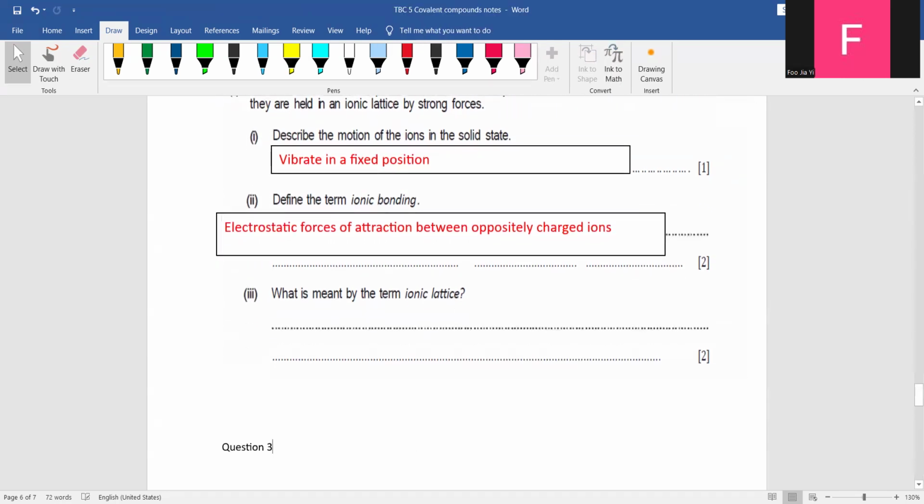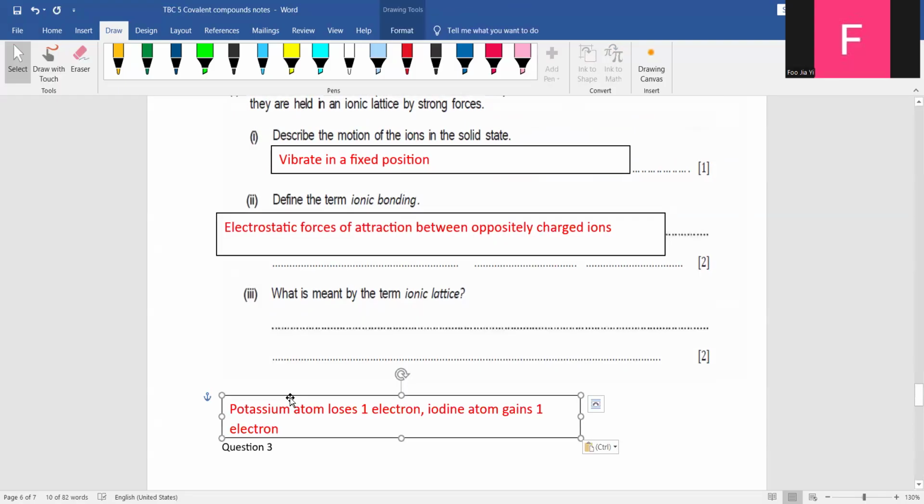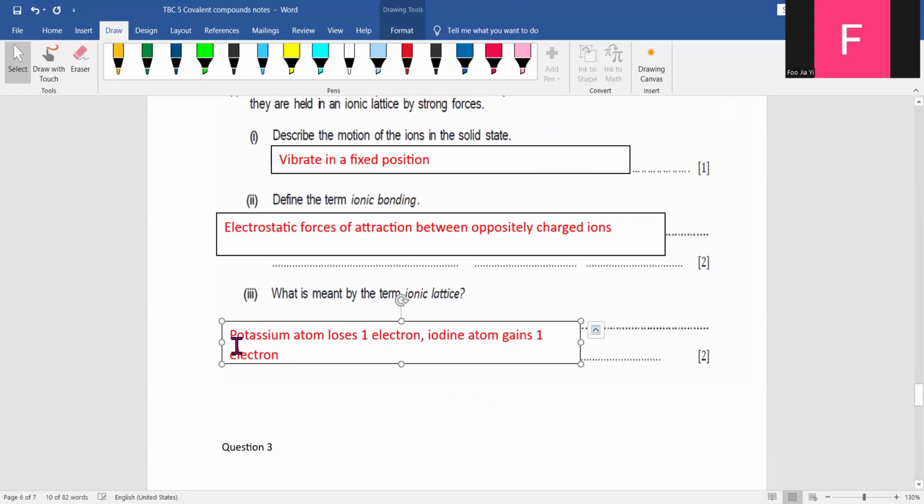What about ionic lattice? Is ionic lattice the same as ionic bonding? No. Lattice means what? Regular arrangement. Just now we said lattice arrangement, right? Now we say regular arrangement of alternating what? Positive and negative ions.